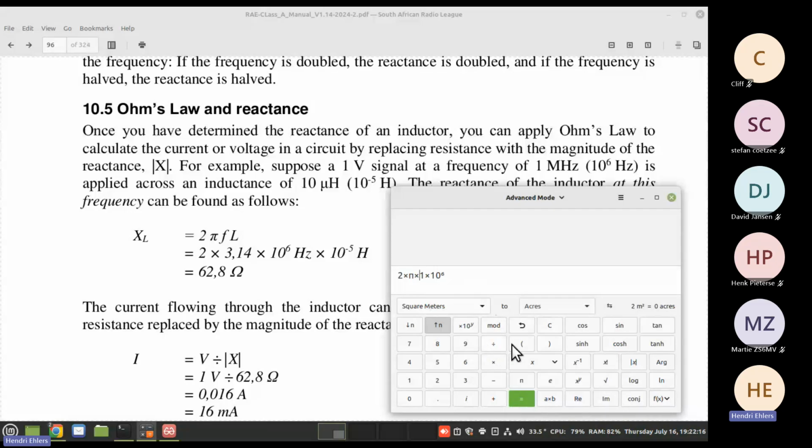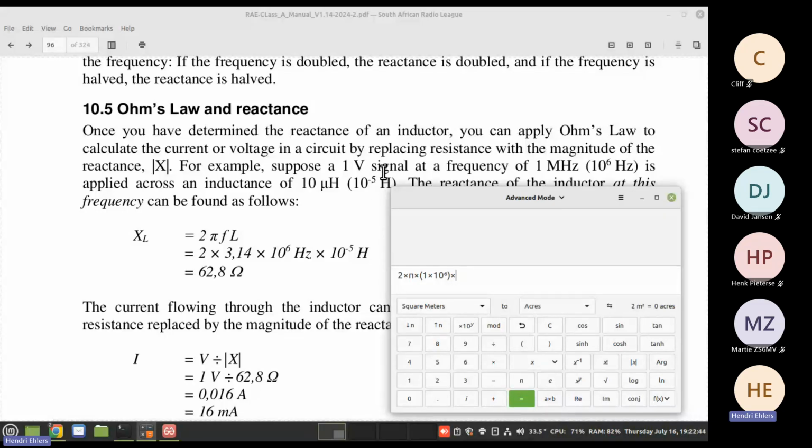I'm going to put that in brackets so that we know that that's a value. And then we say times. Now, here what they've done is they've taken 10 to the 5. So they moved that one down 1, and instead of -6, they made it -5.